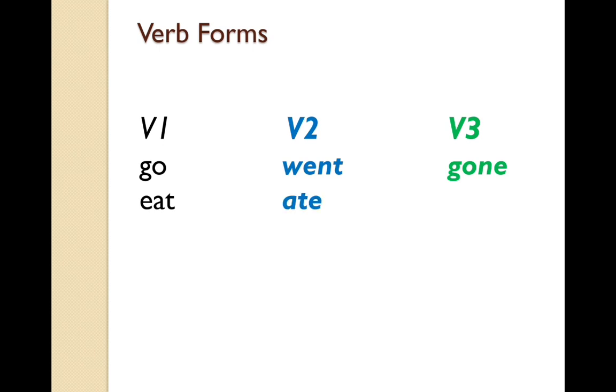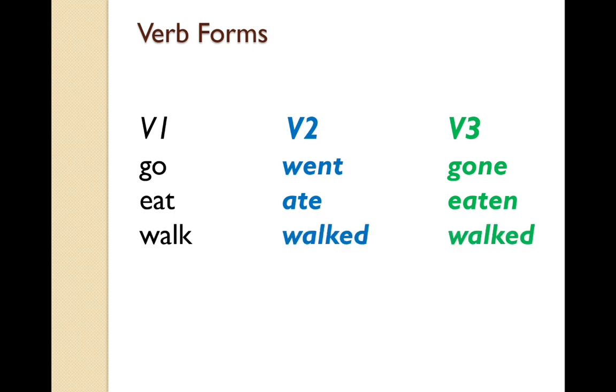Eat, ate, eaten. Walk, walked, walked. Dance, danced, danced. Notice that for regular verbs, the past simple form and the past participle are the same. You just add ed to the ending.